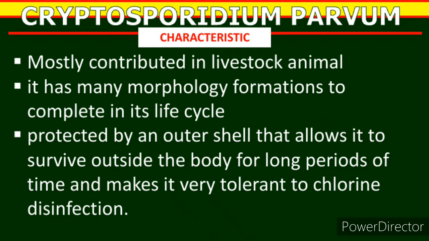This parasite is protected by an outer shell that allows it to survive outside the body for long periods of time and makes it very tolerant to chlorine disinfection. That is why this parasite can survive in chlorinated drinking water and in recreational water such as rivers and pools, and it is the most significant channel to spread this parasite.